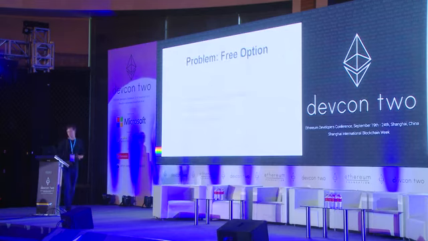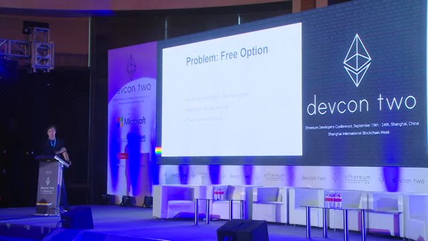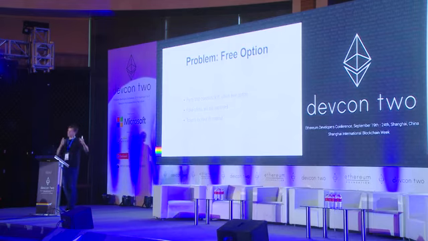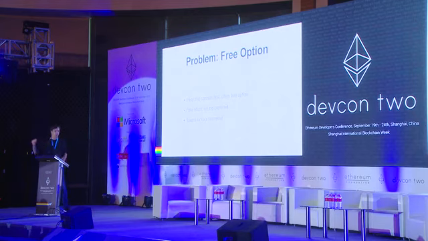But the problem is, if two parties want to set up an agreement, the one who signs it first or commits to it first offers the other party a free option, because the other party can decide whether it also wants to join the agreement or just wait. Maybe the price moves in his favor, and then he can still later decide to take that option or not.